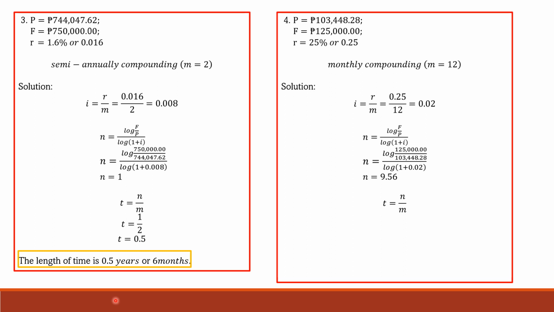The length of time is equal to N divided by M. So, 9.56 po ang ating N divided by monthly compounding, so 12. Ang time natin, 0.80. Okay? So, the length of time, 0.80 years or 288 days kapag kinonvert natin, no?